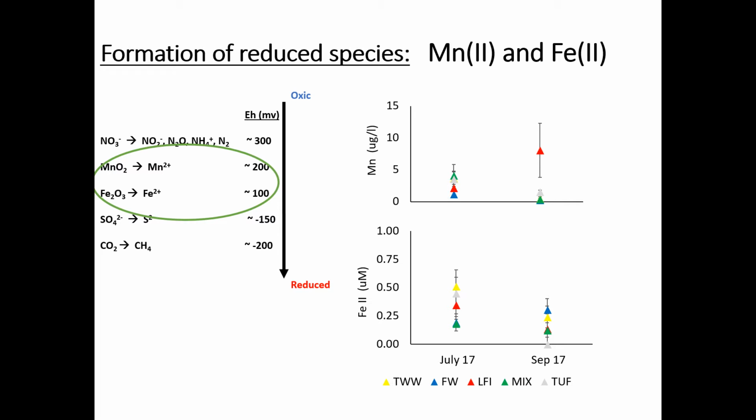At first we have reduction of nitrate to more reduced forms of nitrogen, and after that, when the system gets more reduced, we can also have reduction of manganese and iron, and in very reduced soils, we even get reduction of sulfur and carbon dioxide. It's hard to find that in drained soils. It's mostly in waterlogged soils.